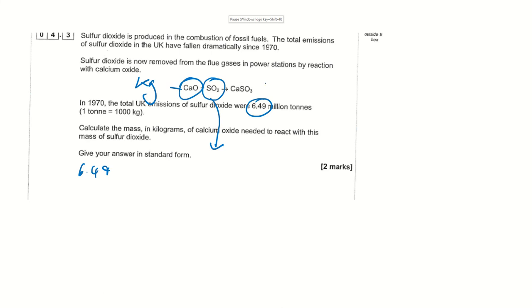So we had to basically multiply that by 10 to the 6, and that gives us 649,000 times 10 to the 6. And we divide that by the relative molecular mass of our sulfur dioxide, which is 64.